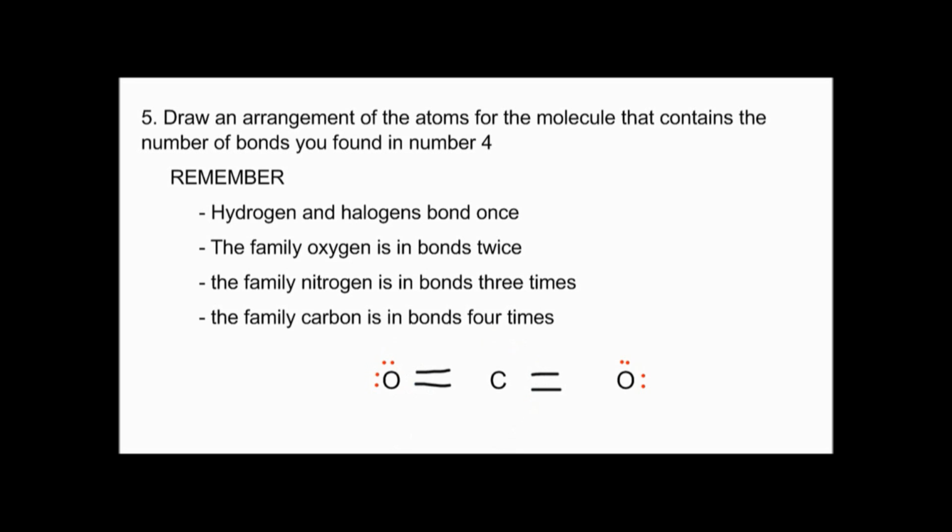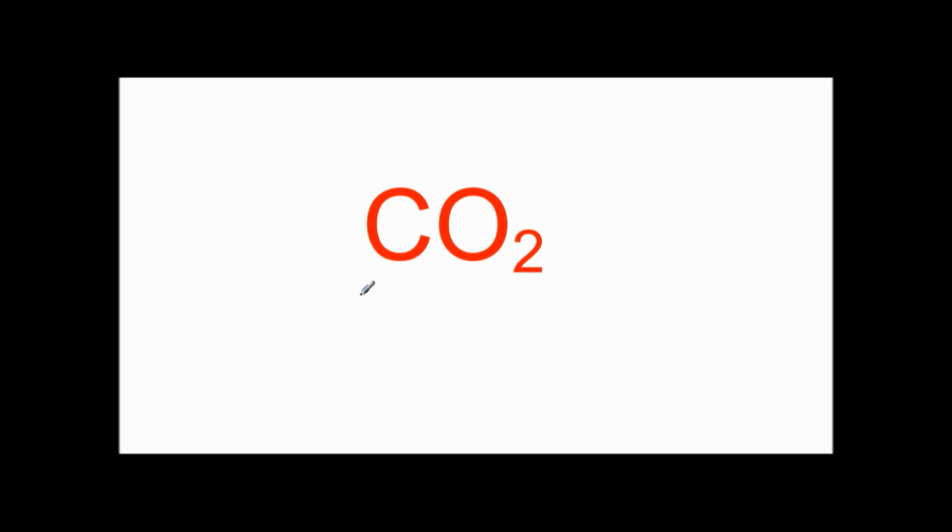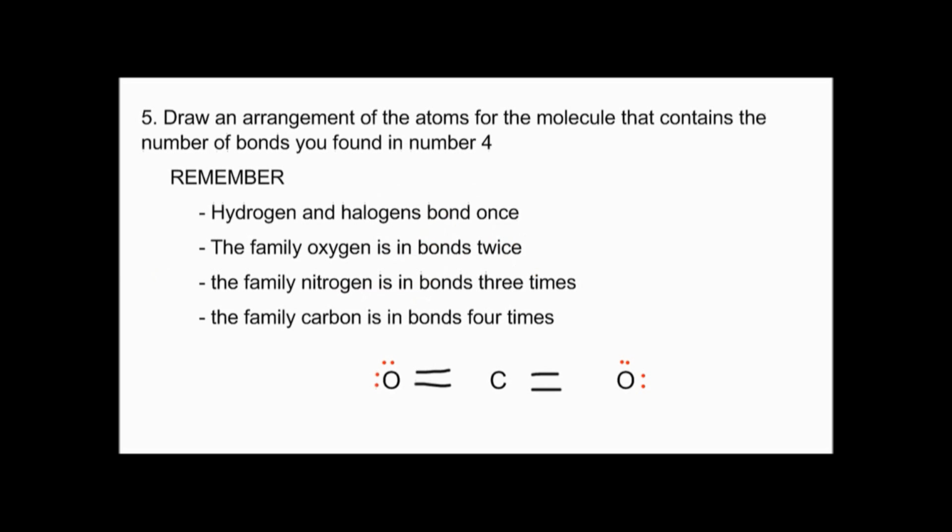And now there's also one more thing you need to remember. Every time you draw this diagram, the atom that is first in the name, in this case carbon, goes in the middle. And then the other elements, in this case oxygen, go around it symmetrically. So if by any chance there were 4 oxygens, it would be like this.